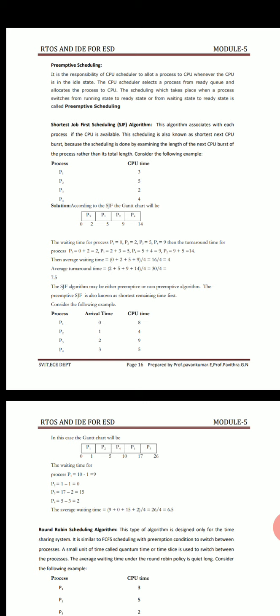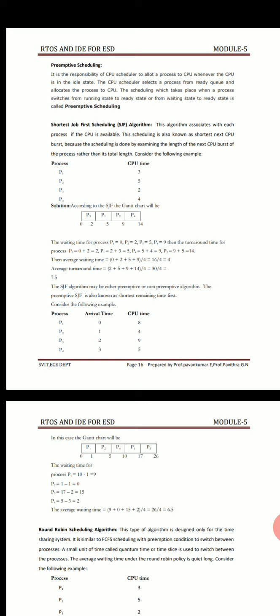It means in an operating system, the CPU scheduler's job is to allocate the process to the CPU for execution. So it has to schedule the processes for execution from the CPU. Okay, so it is the job of the CPU scheduler.